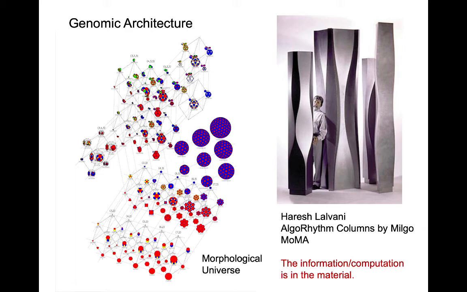And he makes the point that the information for these curves does not come from the machining. It's in the material. I'll tell you the secret, it's scored. But once you've done that, the information telling the material how to fold is in the material, not coming from the outside.